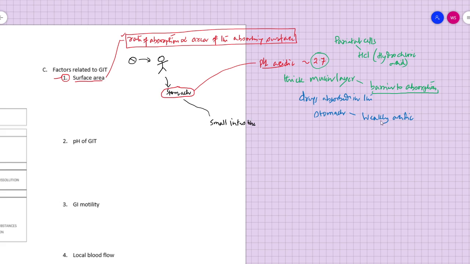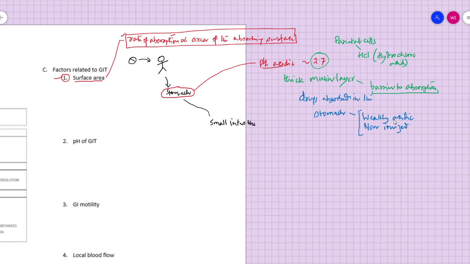Okay, so they are weak acids. And most of them would be non-ionized. Okay, so either they are weak acids or non-ionized drugs themselves.